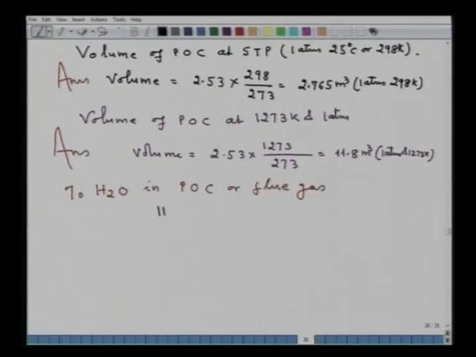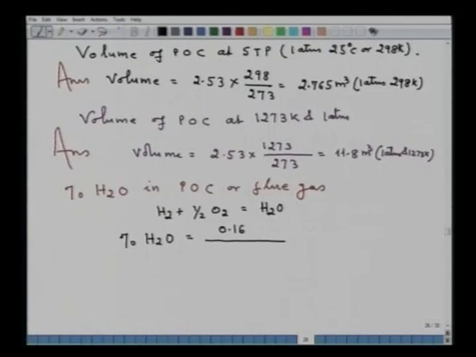The reaction is H2 plus half O2 equal to H2O. So, the percentage H2O will be 0.16, the kgmole of H2 and same as H2O, divided by the total volume of POC or flue gas.